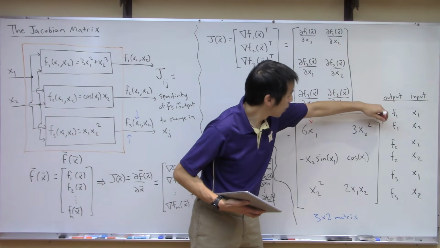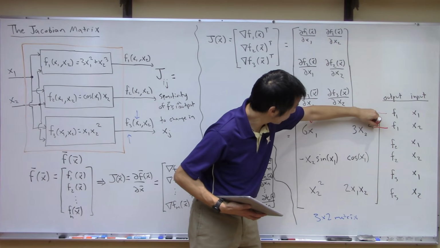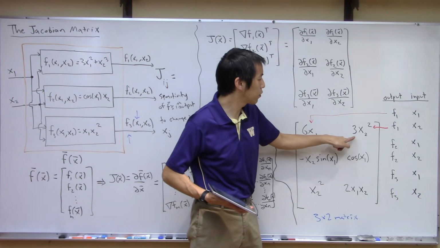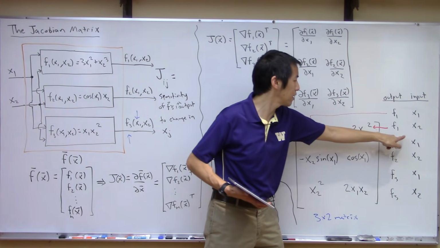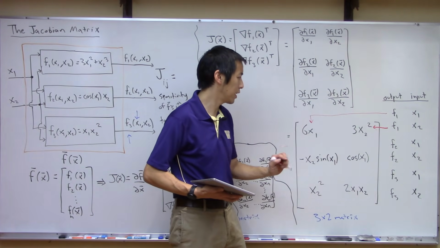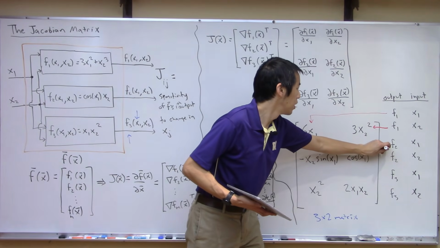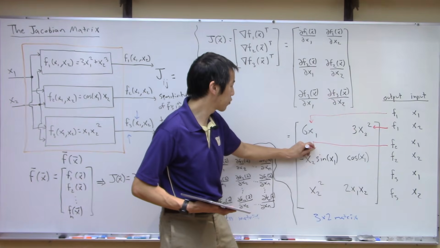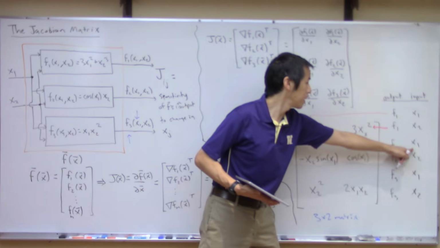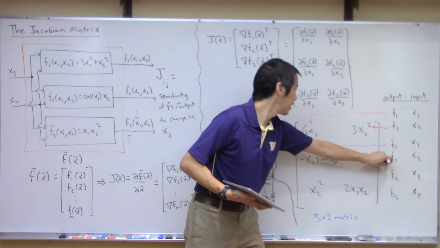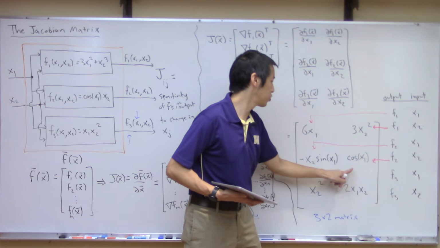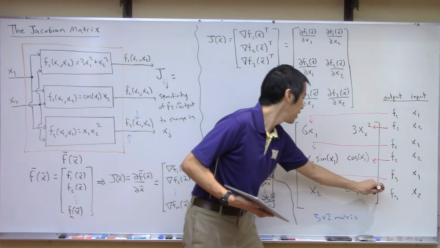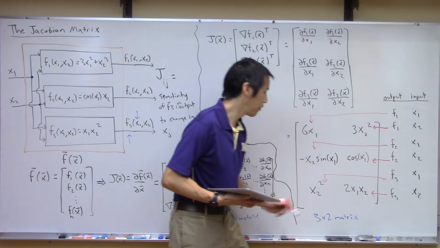And then this 1, 2 element tells me the sensitivity, or the slope, effectively, of the first function's output to perturbations in the second input, and so on. You keep moving down. The sensitivity of the second function with respect to the first input is there, and the sensitivity of the second function to the second input is here, and similarly you can pick off each element of this matrix.